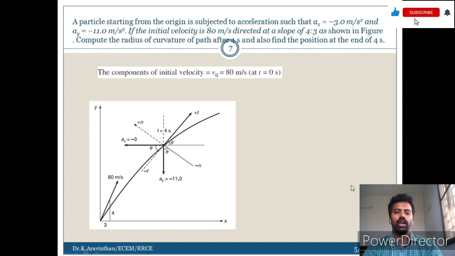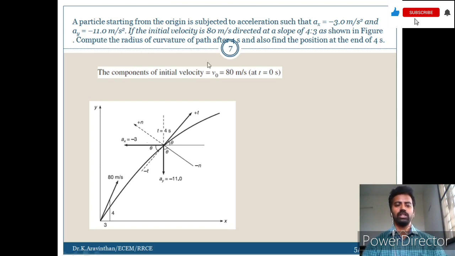So here you are having the picture. So there is an object. This object has an initial velocity of 80 meter per second, and it is traveling initially at a slope of 4:3, that is 4 vertical by 3 horizontal. So you can find the slope here. And what is the requirement here is to compute the radius of curvature.